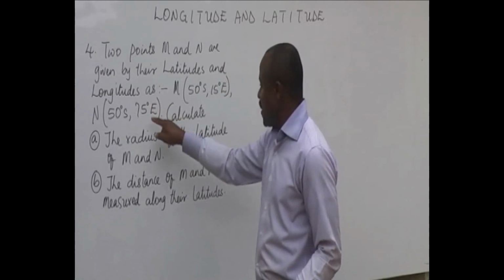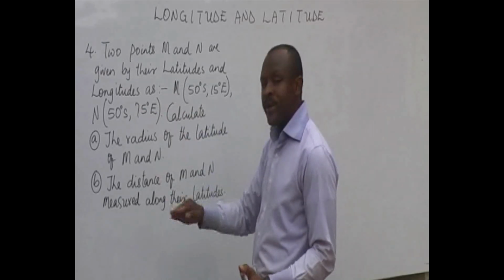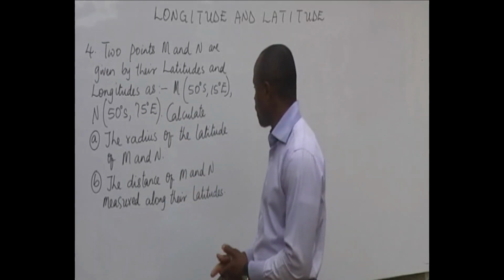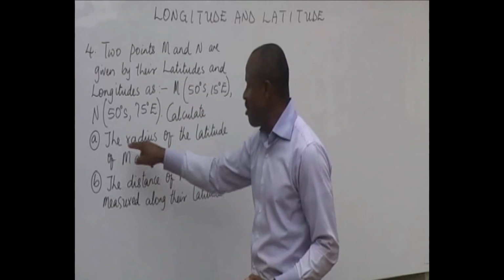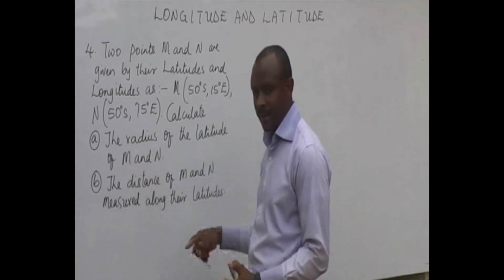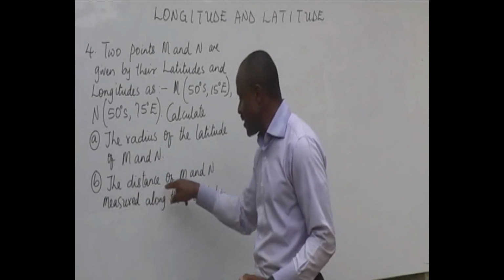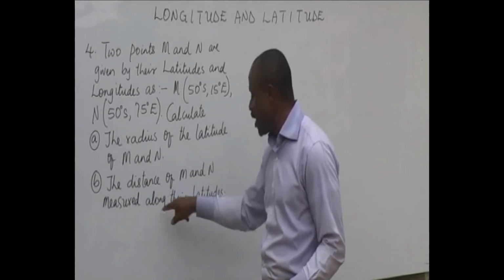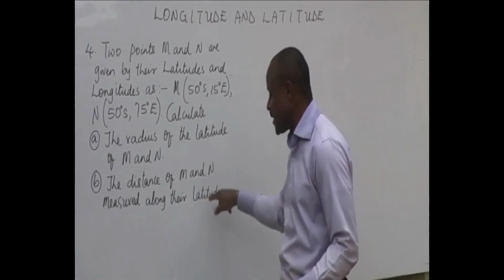That means both N and M are on the same side of the globe. They were asked to calculate the radius of the latitude of M and N. B, the distance of M and N measured along their latitude.